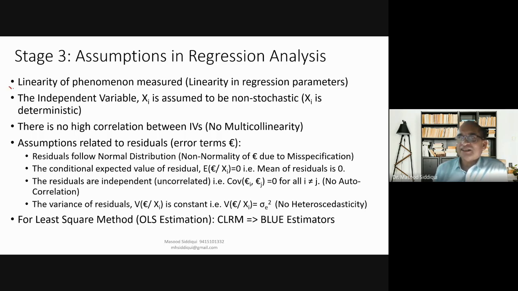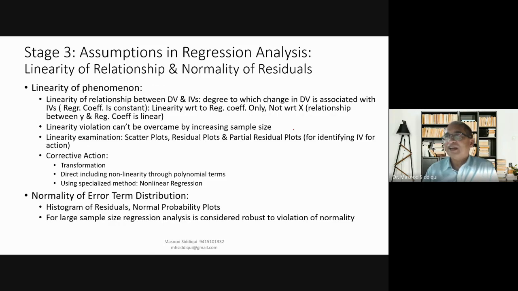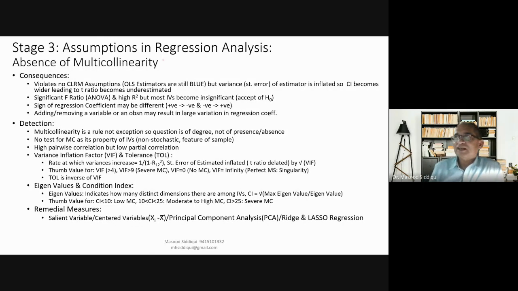This is already there, right? The independent variable is known, it is there. Now, there is an assumption that there should not be high correlation among independent variables, right? This problem is known as multicollinearity. Now here I am discussing multicollinearity.